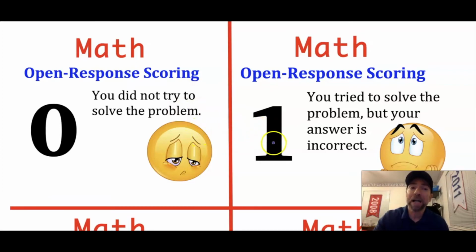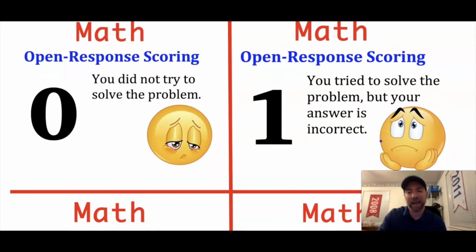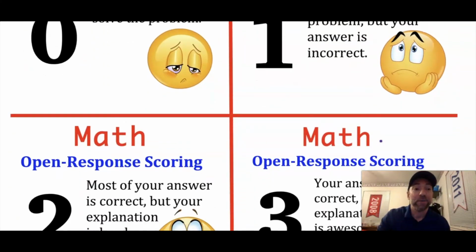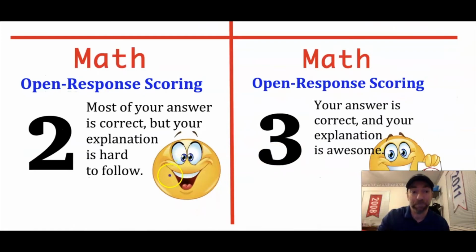For an open response, you can score a 1 if you tried to solve the problem, but your answer is incorrect. You were stumped. You can also score a 2 if most of your answer is correct, but your explanation is hard to follow. I like to say that your answer is a little fuzzy.